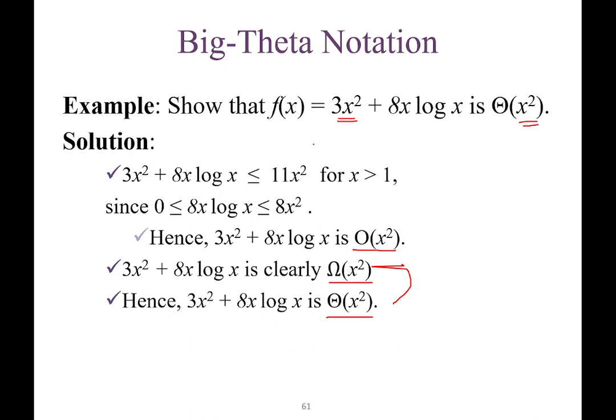We have seen this example before, right? So we can see this one is correct. And then this function is larger than x squared. So clearly it's big omega of x squared. So by big O and big omega, we can prove that f of x is big theta of x squared.